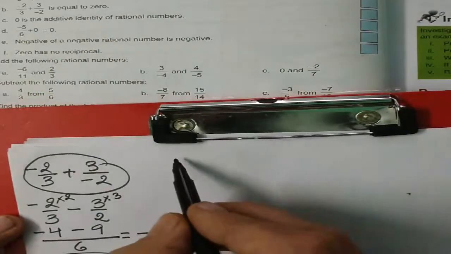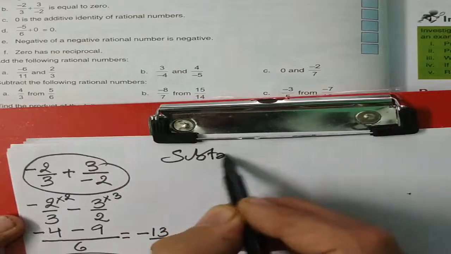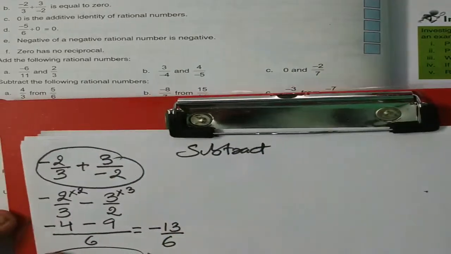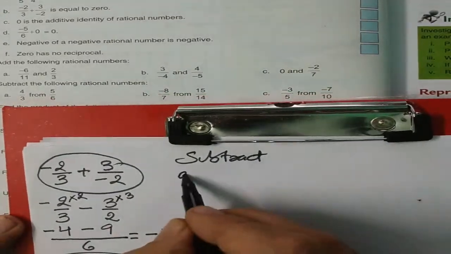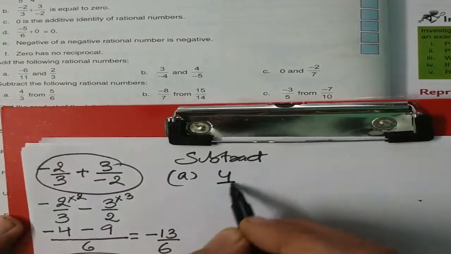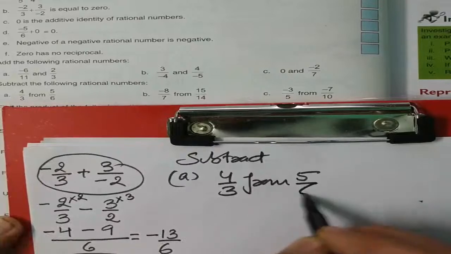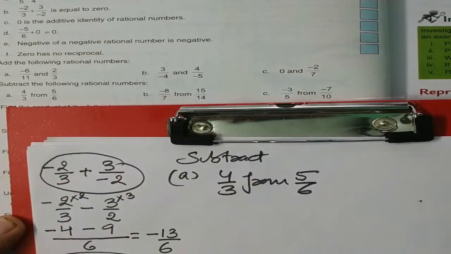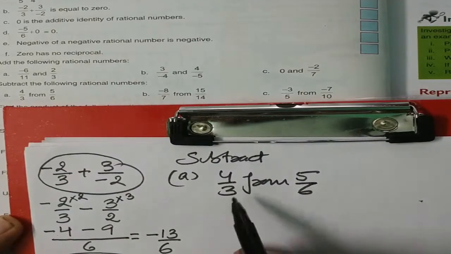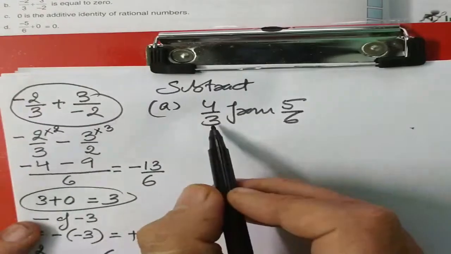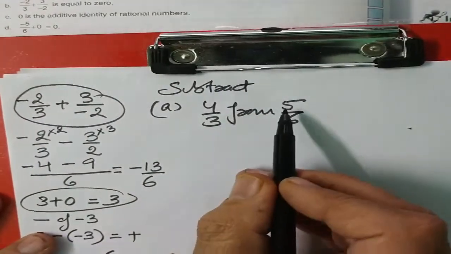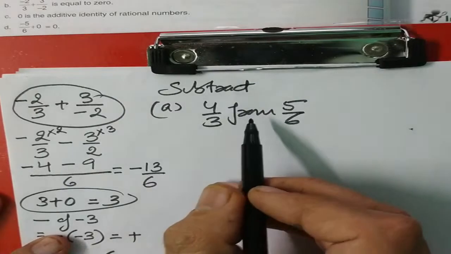Question 3 is subtract the following. It is written subtract. So subtract means A part: 4 upon 3 from 5 upon 6. It is given. So since it is written subtract 4 upon 3 from 5 upon 6, we will subtract.